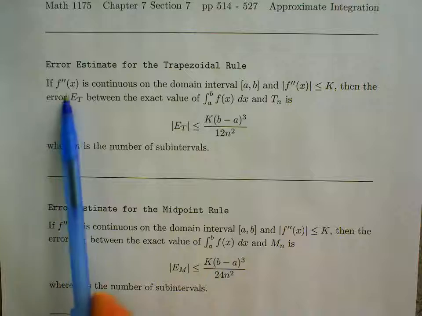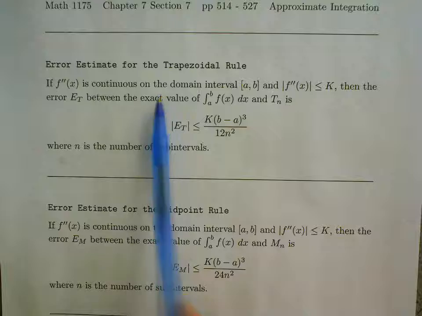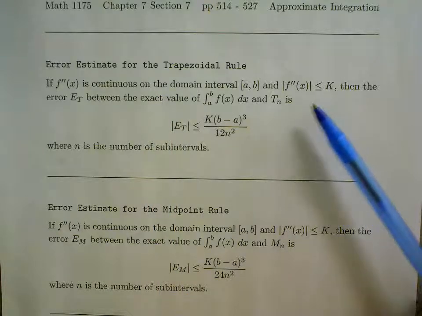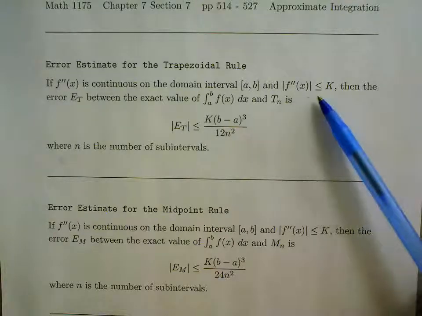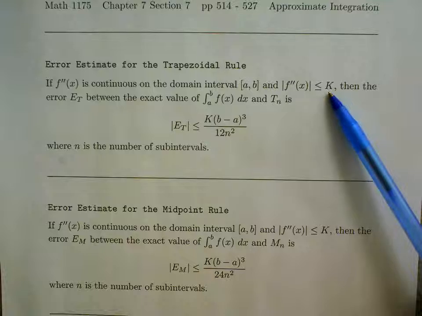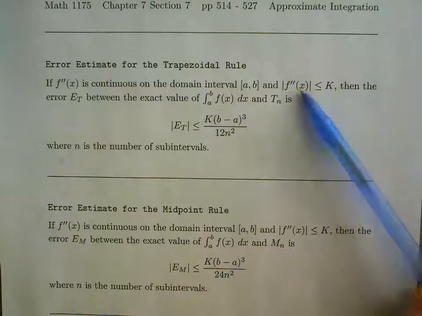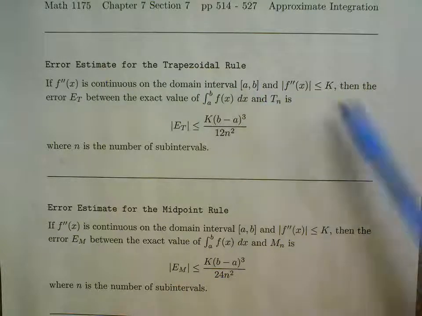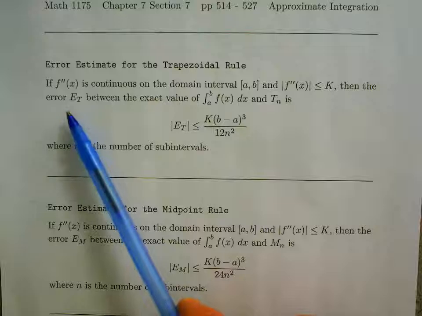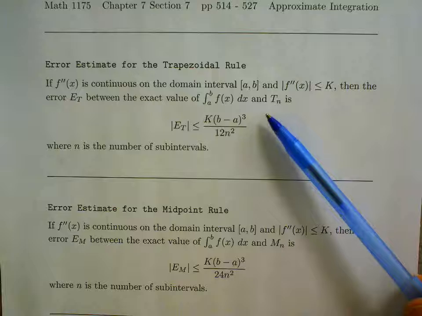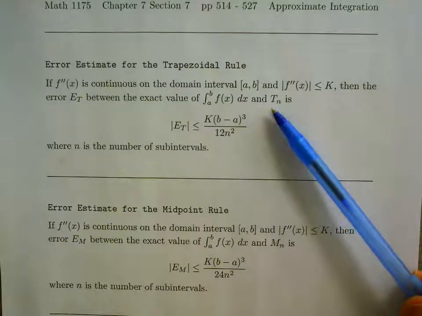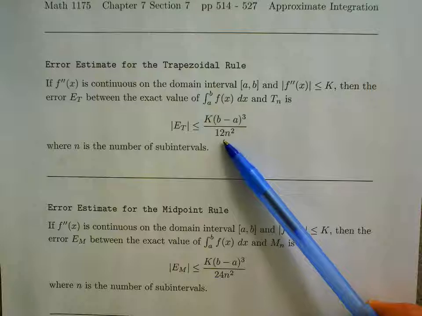This says if the second derivative of f is continuous on the domain interval from a to b, and if the absolute value of the second derivative of f of x is less than or equal to some number k, assuming that that's restricted to the interval from a to b, then the error, capital E sub t, between the exact value of the definite integral and T sub n is given by this inequality.